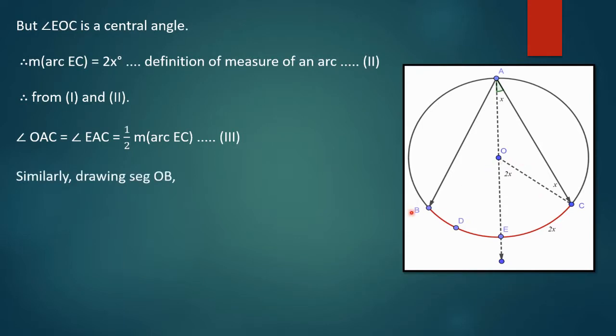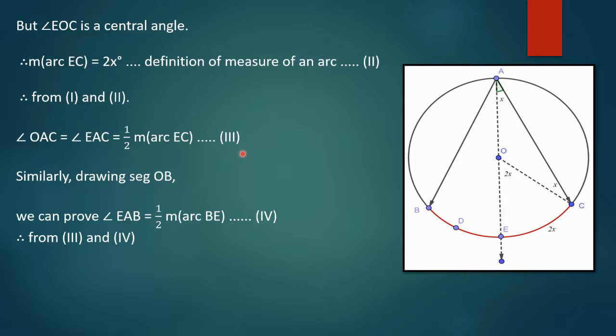Similarly, drawing segment OB, we can prove that angle EAB will be half of measure arc BE. We'll name this equation 4. Therefore, from 3 and 4, by adding the right hand side and the left hand side, we get angle EAC plus angle EAB is equal to half of measure arc EC plus half of measure arc BE.